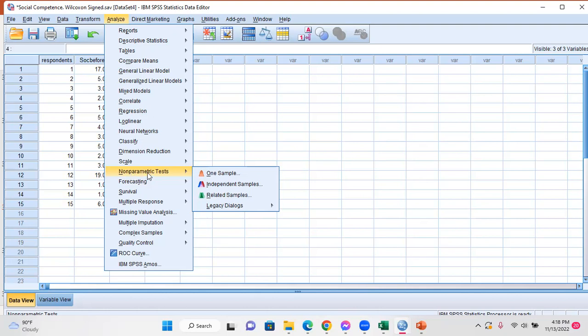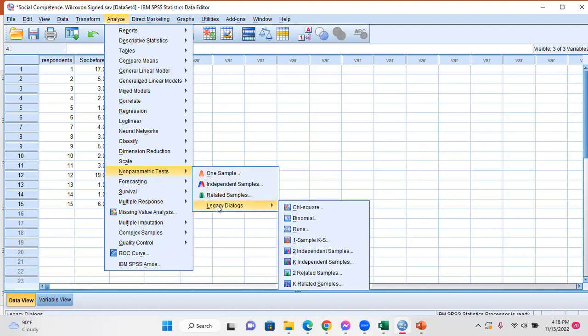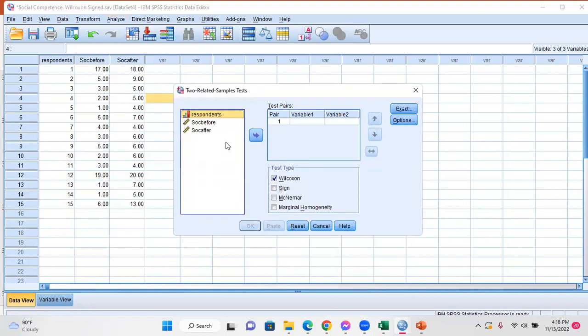Okay, and then legacy dialogues. And then related samples. Ayan. So before, kita ninyo Wilcoxon siya na nag-check para sa inyo. And then, SOC after.